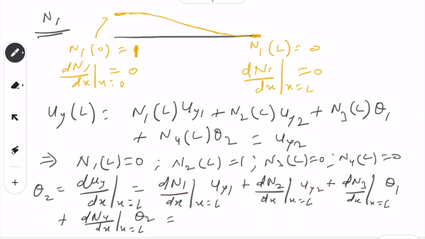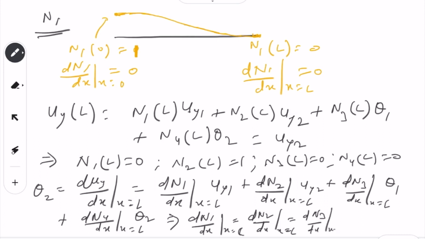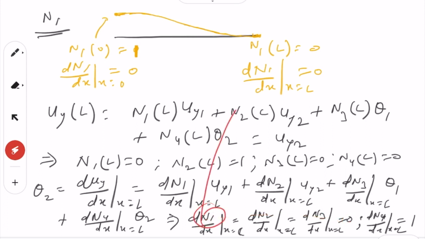So, this implies that dN1 over dx at x equal to L is equal to dN2 over dx at x equal to L is equal to dN3 over dx at x equal to L is equal to 0 simply, and we have dN4 over dx at x equal to L is equal to 1. So dN1 over dx at x equal to L is 0.